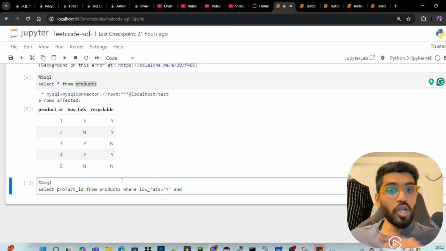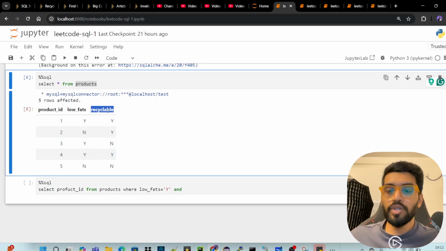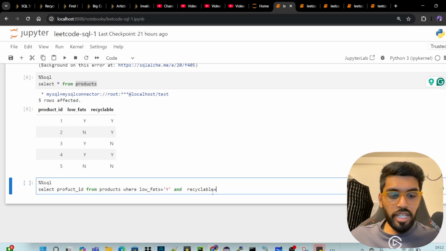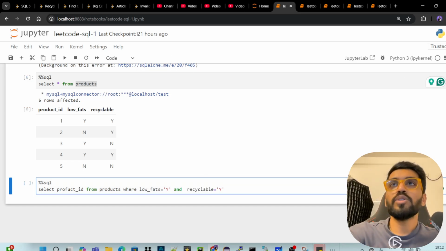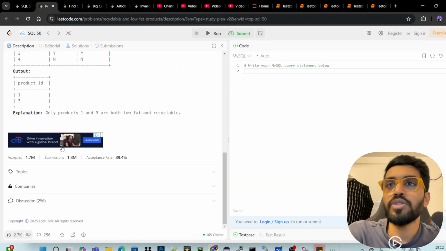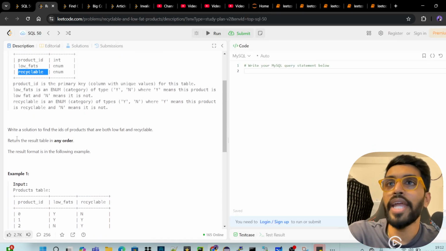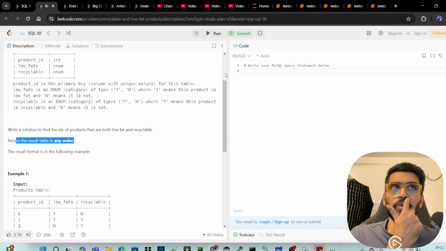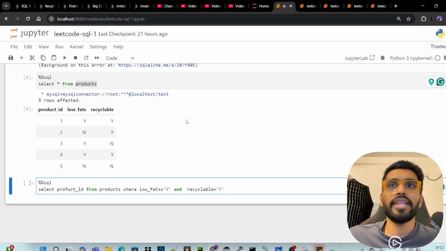It's not OR, it should match both cases. So recyclable again equal to 'Y'. In the question they didn't ask for any ordering, so any order is fine and you don't need to add an ORDER BY here.